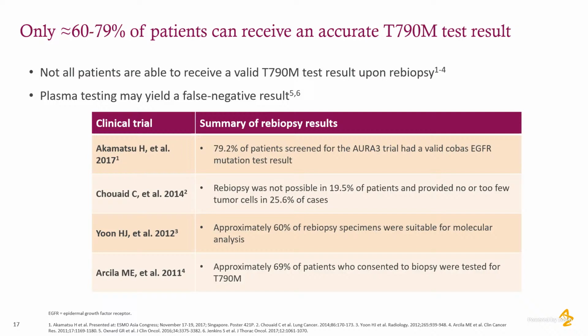So again, missing here. In 2012, approximately 60% of biopsy specimens were suitable for molecular analysis. So again, 40% lesser. And in 2011, approximately 69% of patients who consented to biopsy were tested for T790M. So we were again missing here. Next slide, please.